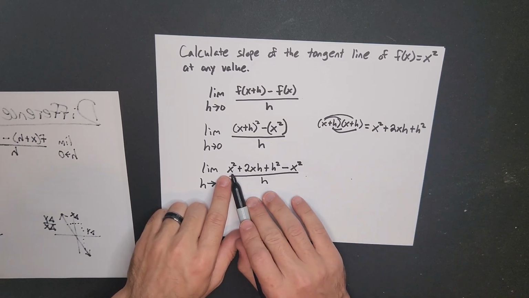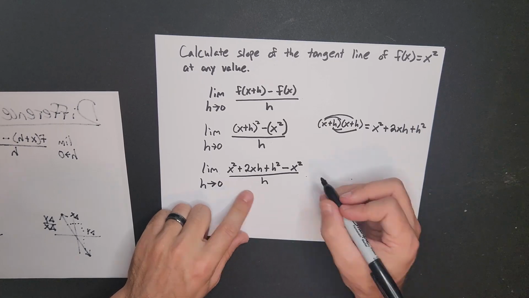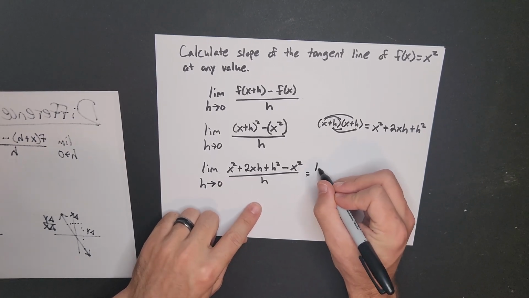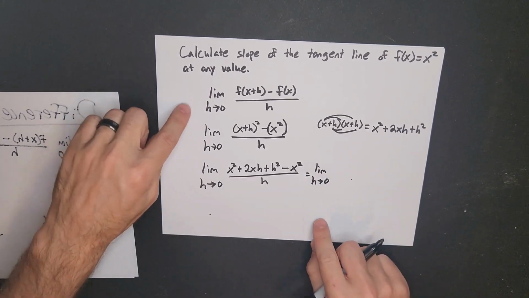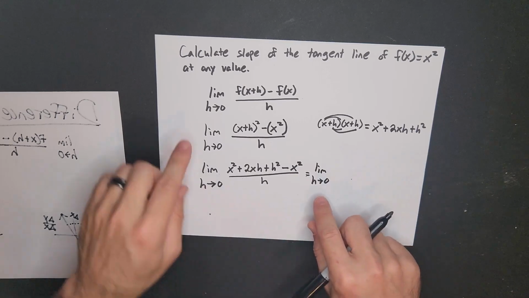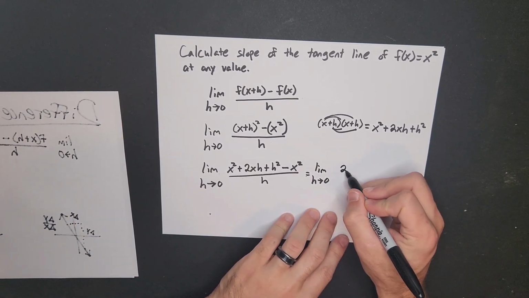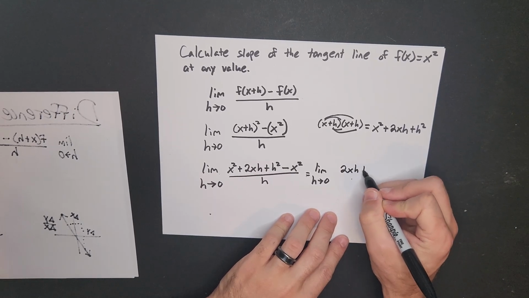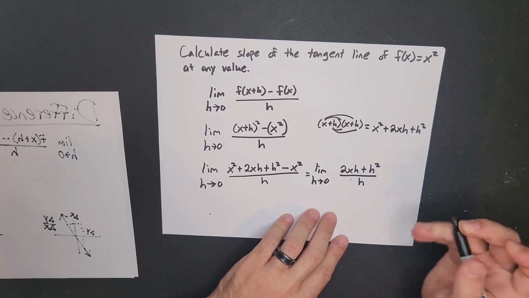So if we notice, I have x squared minus x squared. So those are going to go away. So therefore I'm left with the limit as h approaches 0. By the way, continuously writing the limit is going to make your college professors very, very happy. So continue to write the limit all the way across. So that leaves me with 2xh plus h squared all divided by h.